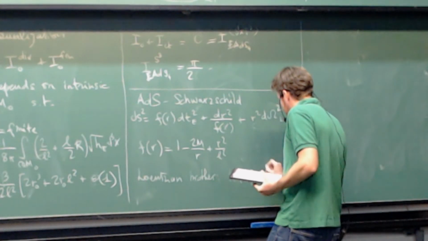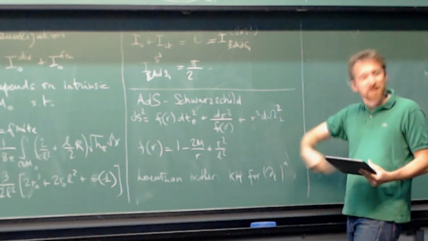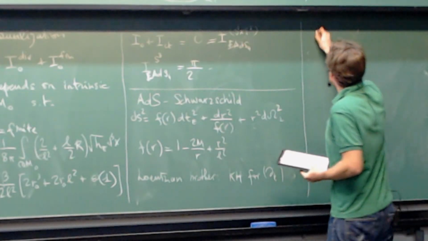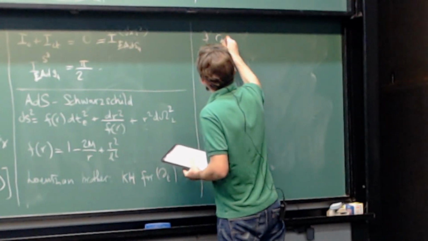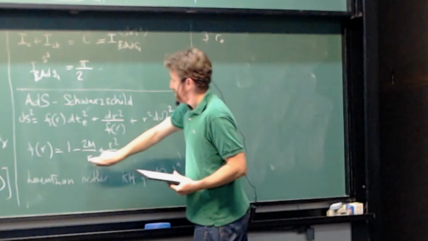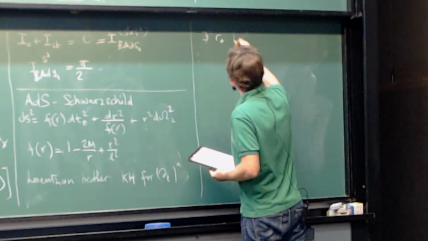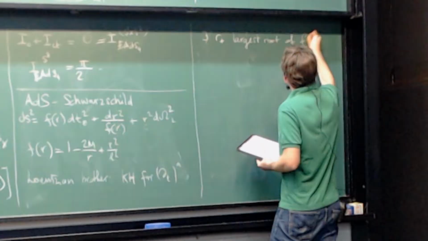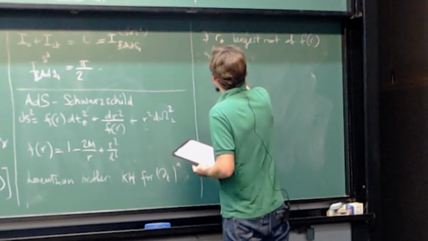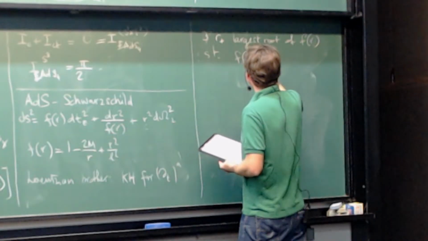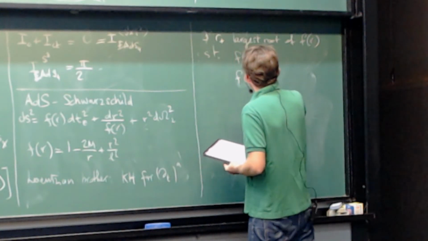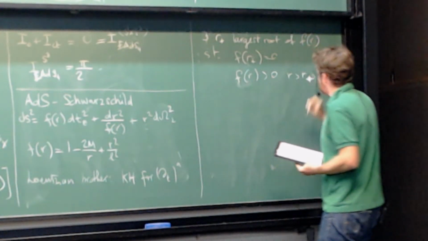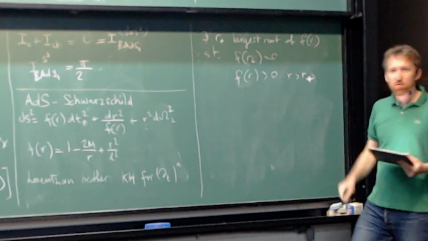for dt, which follows from the same computations that we did always and always, because there exists an r plus, there are many, but there exists at least an r plus, which is the largest root of f of r, such that f of r plus is 0, and f of r is positive for r larger than r plus. So it has the same structure as our normal Killing horizon.